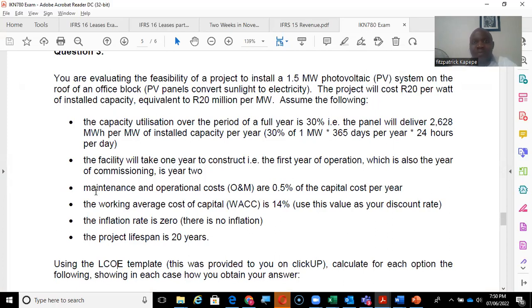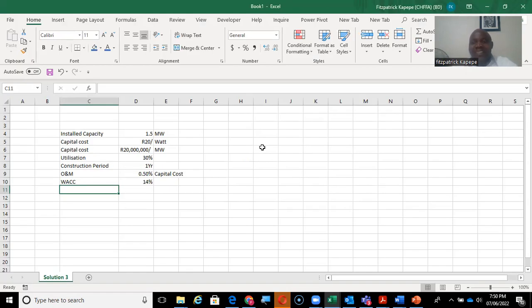Sorry, we can repeat that. If given the interest charges, we shouldn't bring WACC. Yes, you should not include it in your cash flows, because it is part of the WACC.